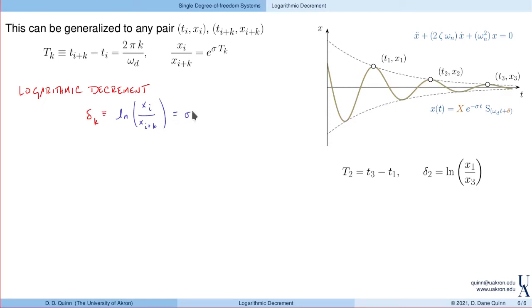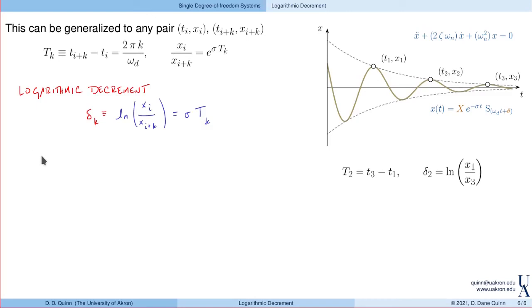And that's going to be sigma times the time between those two peaks. Once again, I can measure t_k. So I could figure out the time between t1 and t3, and I can measure the logarithmic decrement, take that ratio and the natural log, and we can determine, again, the damping ratio and natural frequency.